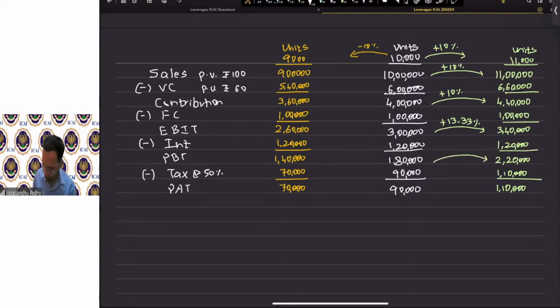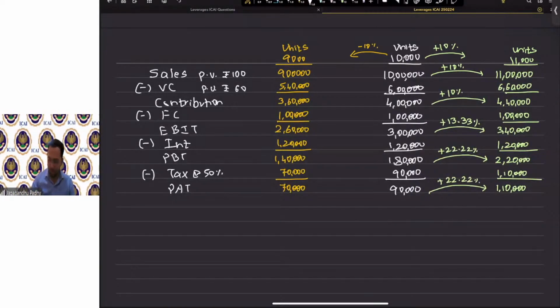For PBT, there is an increase of 40,000 on 1 lakh 80,000, so here the PBT is increasing by 22.22%. And even the PAT, you will find that the increase in PAT is also 22.22%.